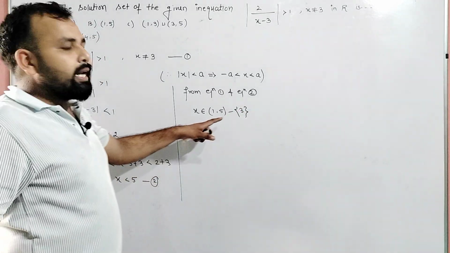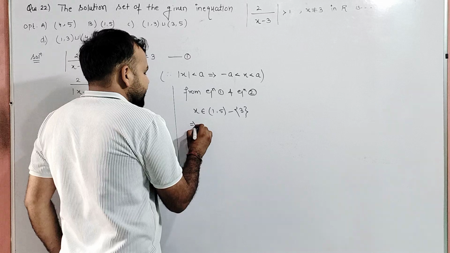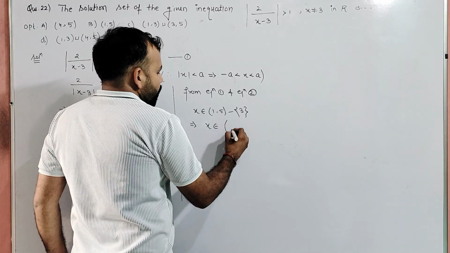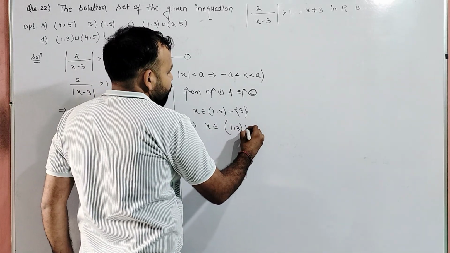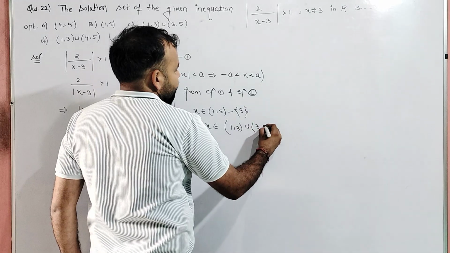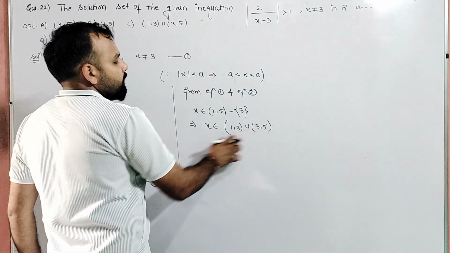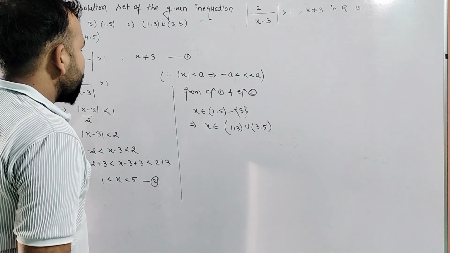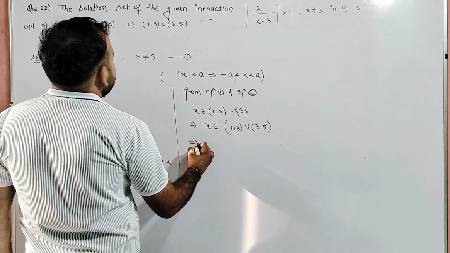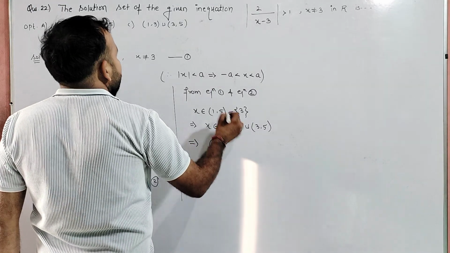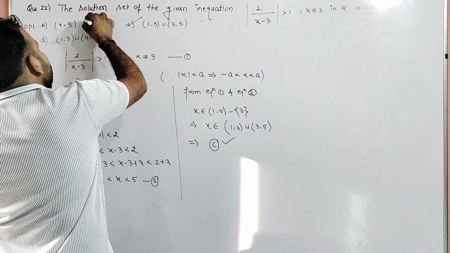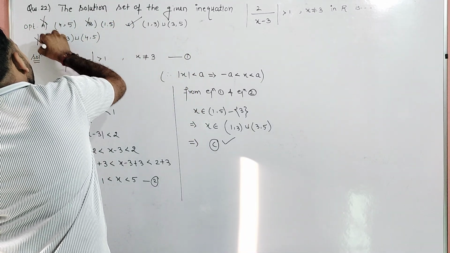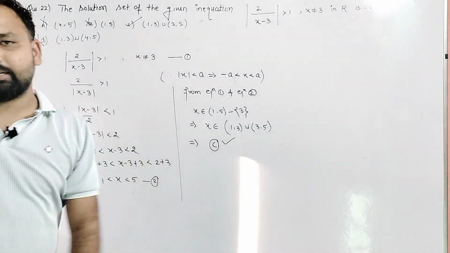We can write this as x belongs to open interval 1 to 3 union open interval 3 to 5. That means 3 is not included in both the intervals. So we can say that our option C is correct and other options are incorrect. Okay student, so our option C is correct.